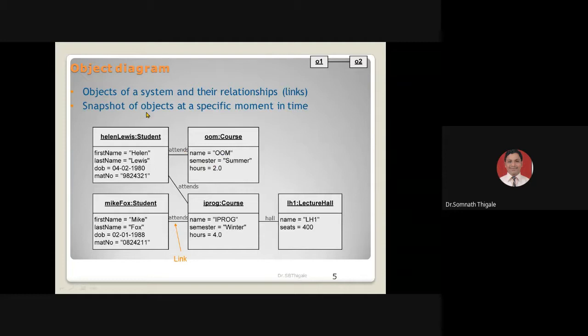So I'm representing it in the form of one object diagram. This is a simple object diagram, a snapshot of this. You can represent it in UML using the same notations we have discussed so far.